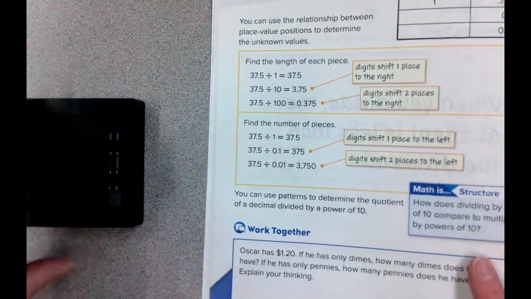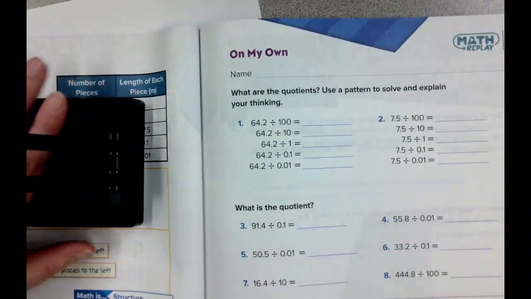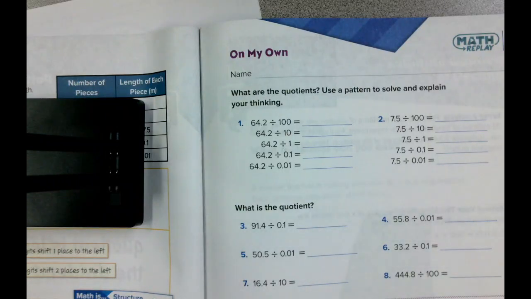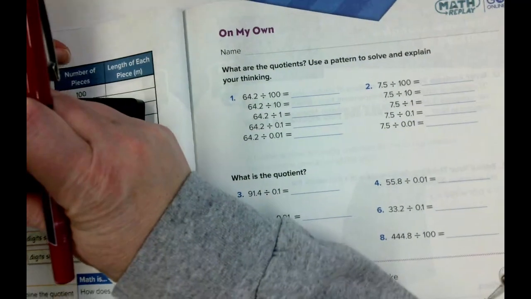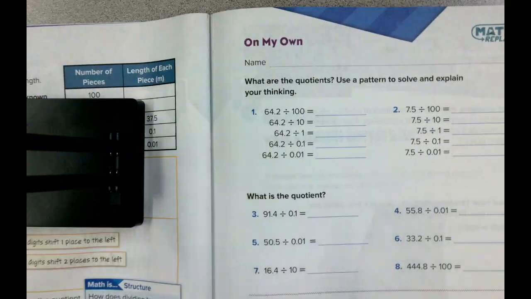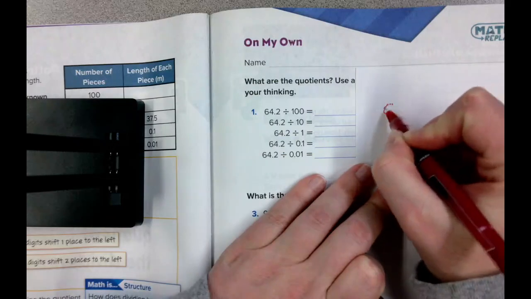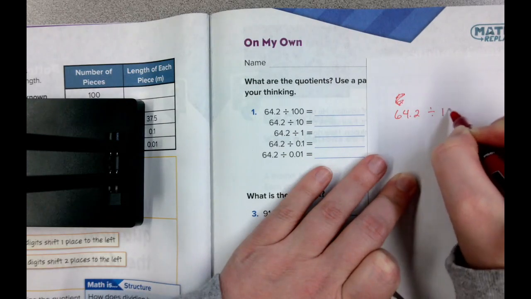Okay, so if you look over now on page 5, here's some practice problems that we can do, and I will grab a piece of paper to demonstrate how that would work. Where'd my paper go? There it is. Okay, so in this one I have 64.2 divided by 100.